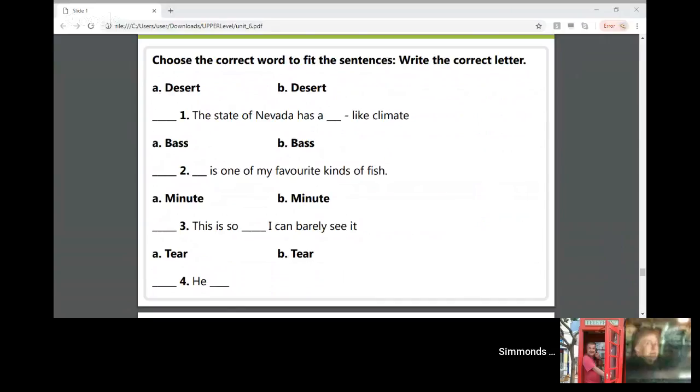Actually, those are some really good questions. Tear is the water from your eye. Tear down and tear apart. For me, tear down would be to destroy, to destruct something. Tear it down to nothing, so there's nothing there. Tear apart means that it's being broken into a lot of pieces.